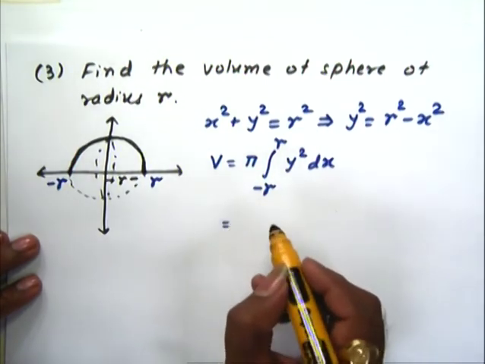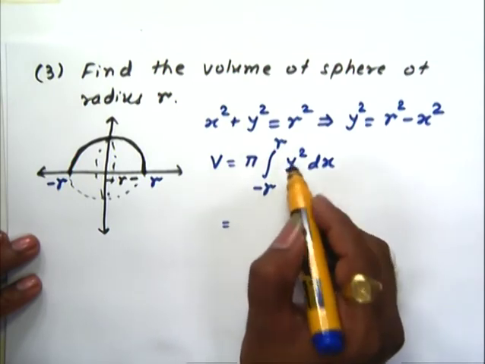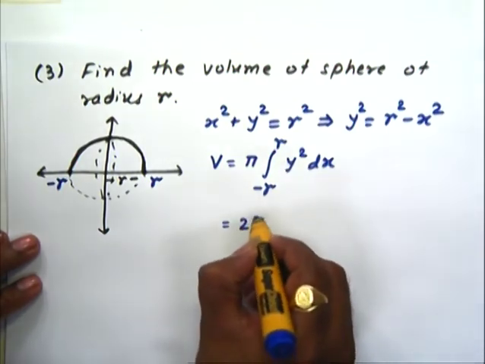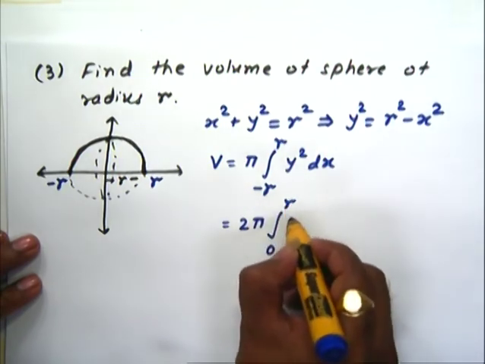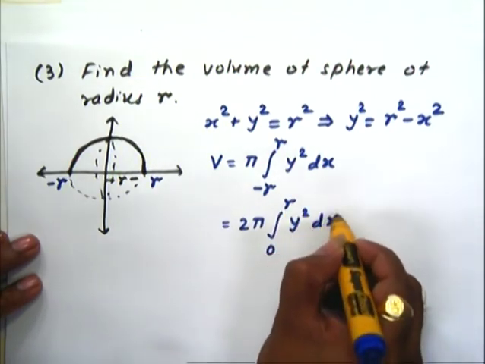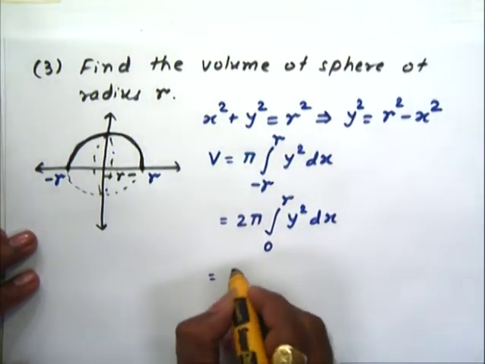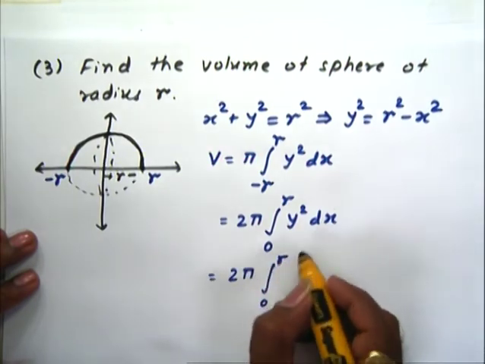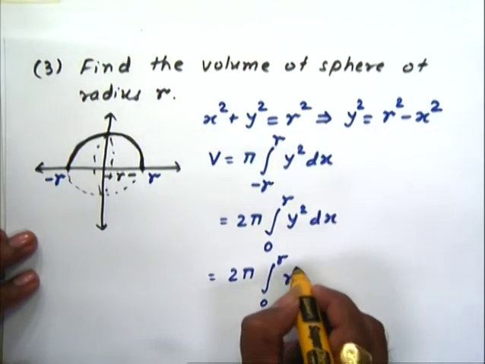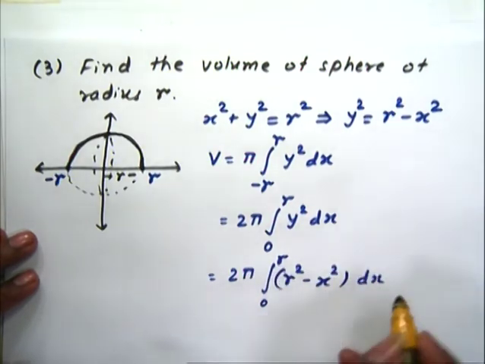But see, y square is an even function, so you can write 2 pi integration 0 to r y square dx. Okay, now put the value of y square here. 2 pi integration 0 to r, y square is r square minus x square, dx.